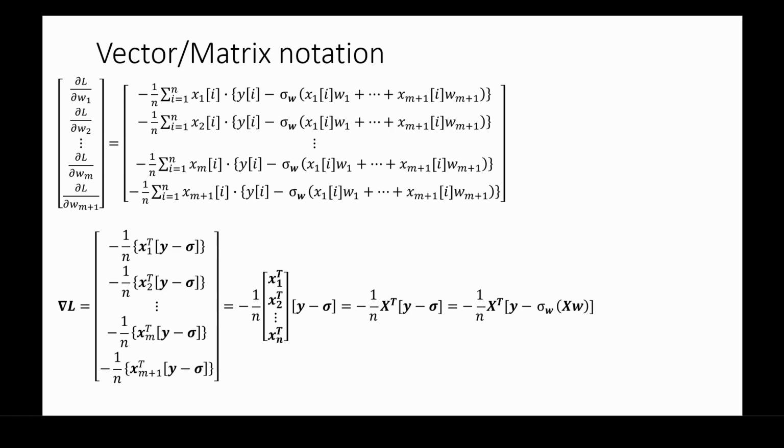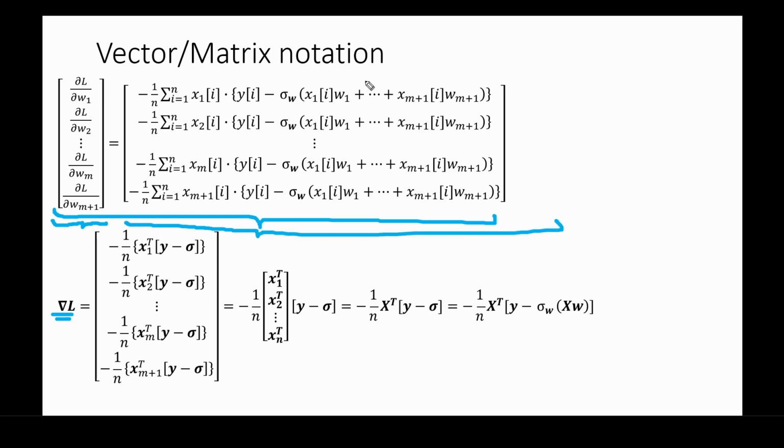To do that, we first review the expression that we derived previously. The term on the left of the equation is simply the gradient, and the term on the right is the gradient expression. We can replace each of these terms with the vector notation that we just derived on the previous slide. Because each term has this minus 1 over n in front, we can pull that out. Then the rest of the expression can be split into a matrix multiplication.